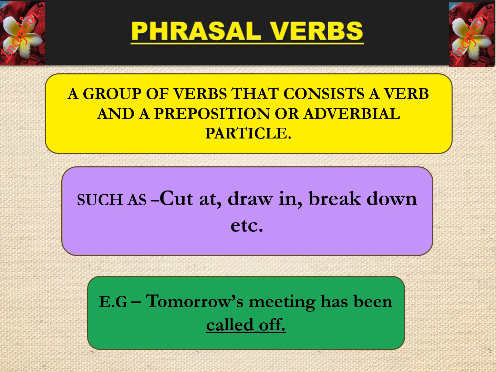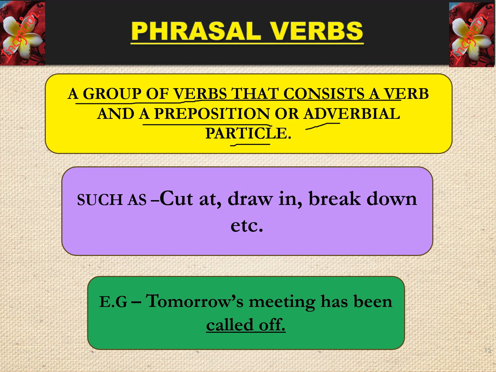Okay, now next one is phrasal verb. Phrasal verb, a group of verbs that consists of a verb and a preposition or adverbial particle. This one is a joint verb that consists of two words.